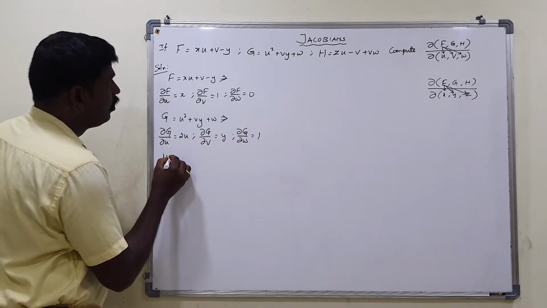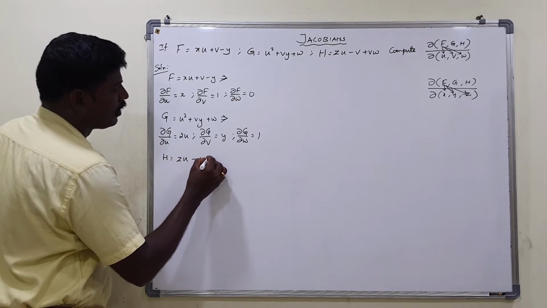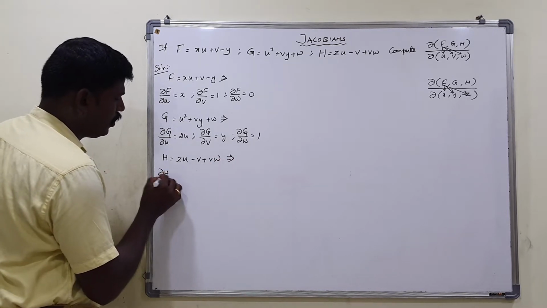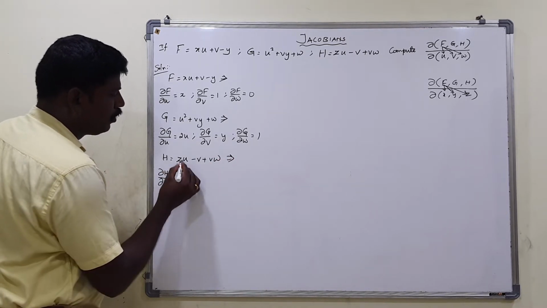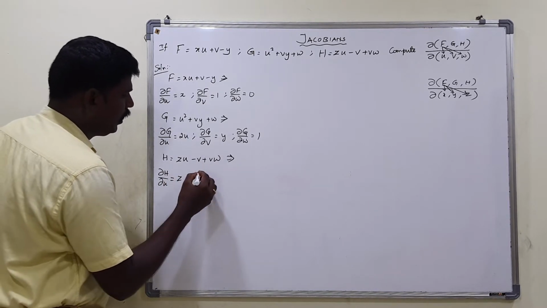Then H, what is H? ZU minus V plus VW, isn't it? From that we can find dou H by dou U. What is dou H by dou U? Z into 1, Z. There is no U term in the remaining two terms.